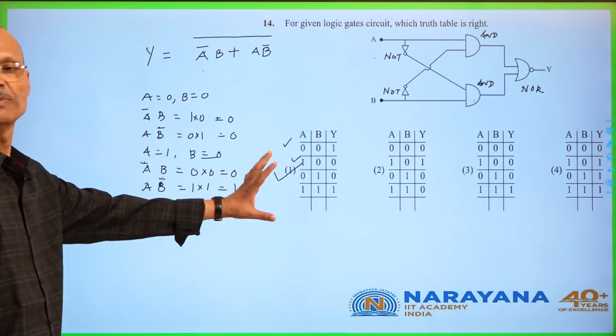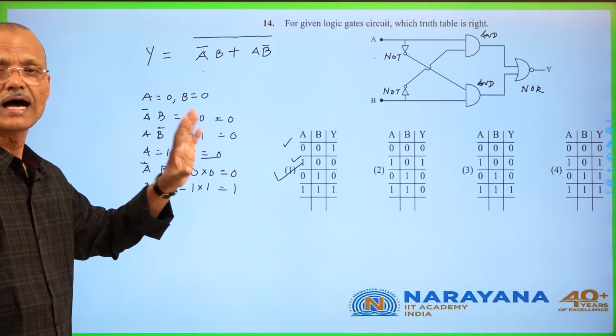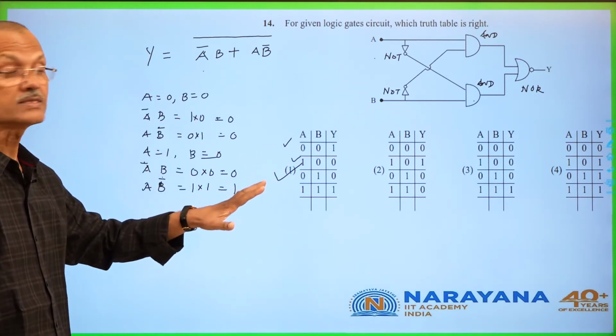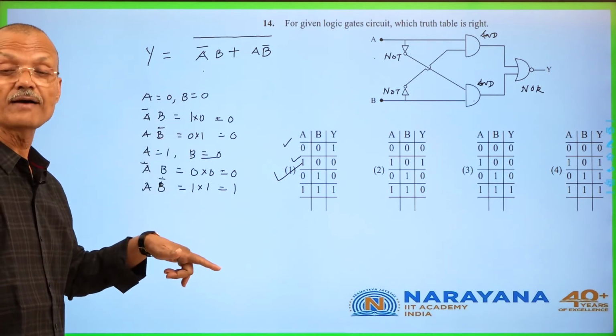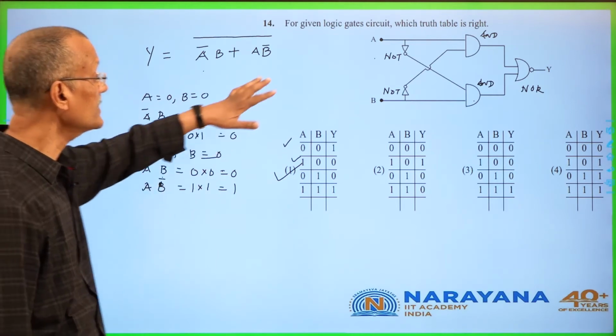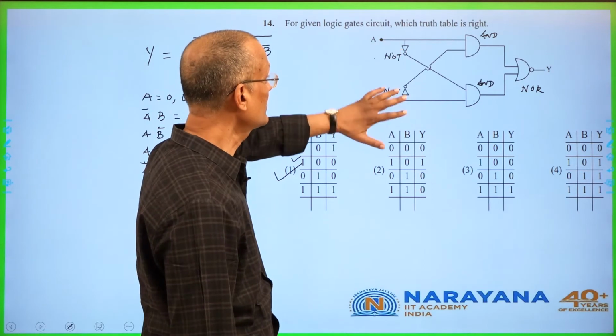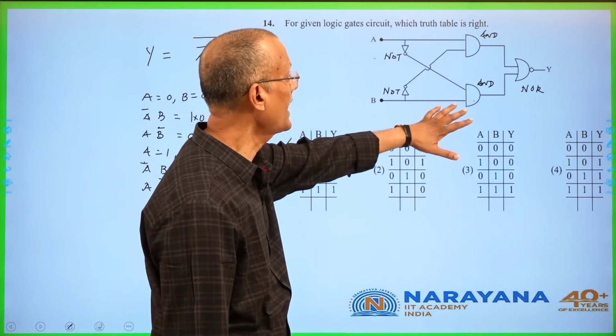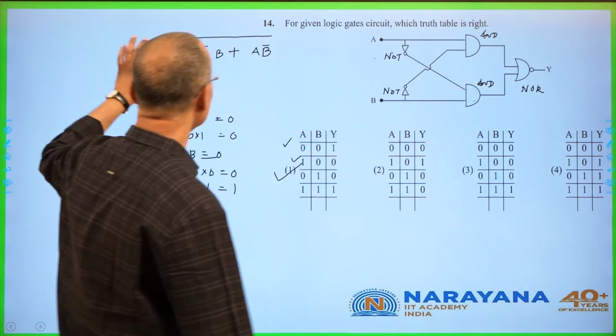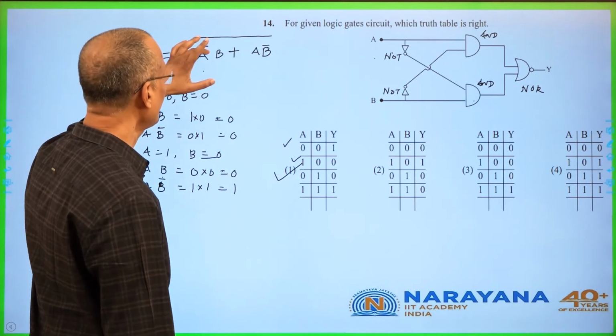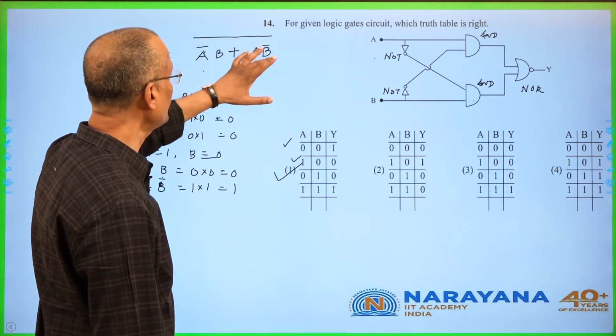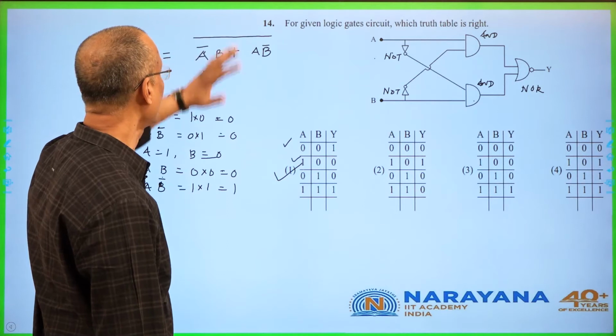The technique you must learn: first, identify all the symbols, whatever operations you will have to do. Here, it's NOT, and it is NOT. So complete Y is A naught B plus A B naught and overall naught.